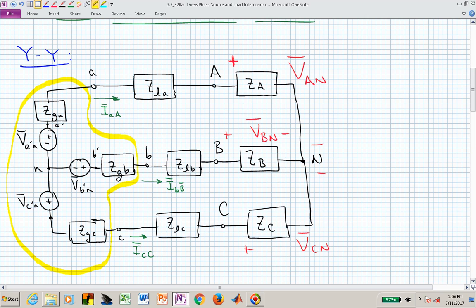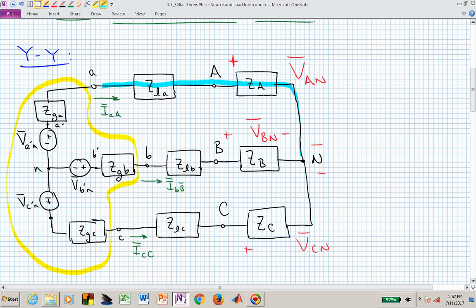For the currents, I hope you can see that I now have capital I sub little a, capital A, and that is going to be our A phase current in the transmission line. But I hope you can actually see that this current not only is going through the transmission line, but it also continues and goes through the load itself in this particular configuration. That current doesn't have to branch off before it actually goes through the A phase of the load.